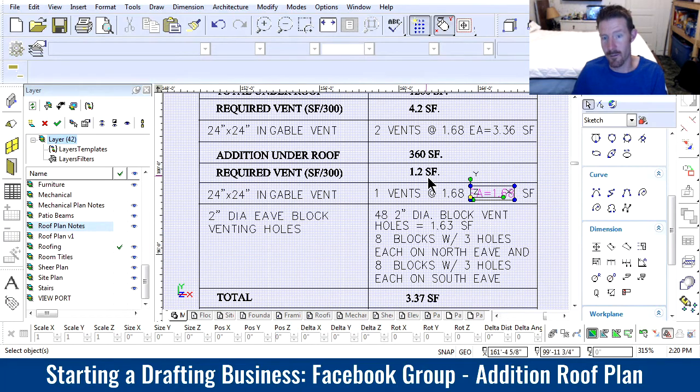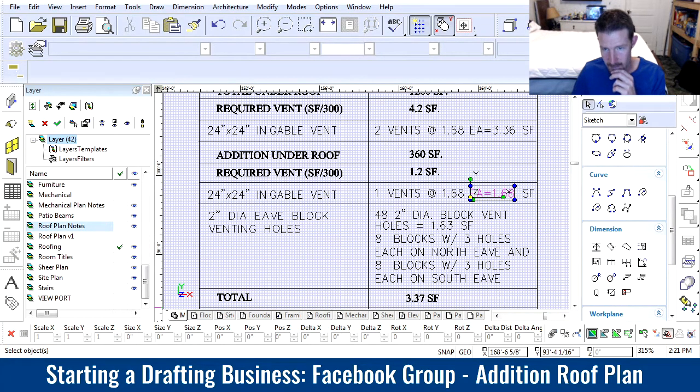So that has everything we need, except it's overkill because it's for the rest of the house. So we want at least half of this as part of these block vents. So let's take this 1.63 and divide that by 48 holes. It's 0.0339.